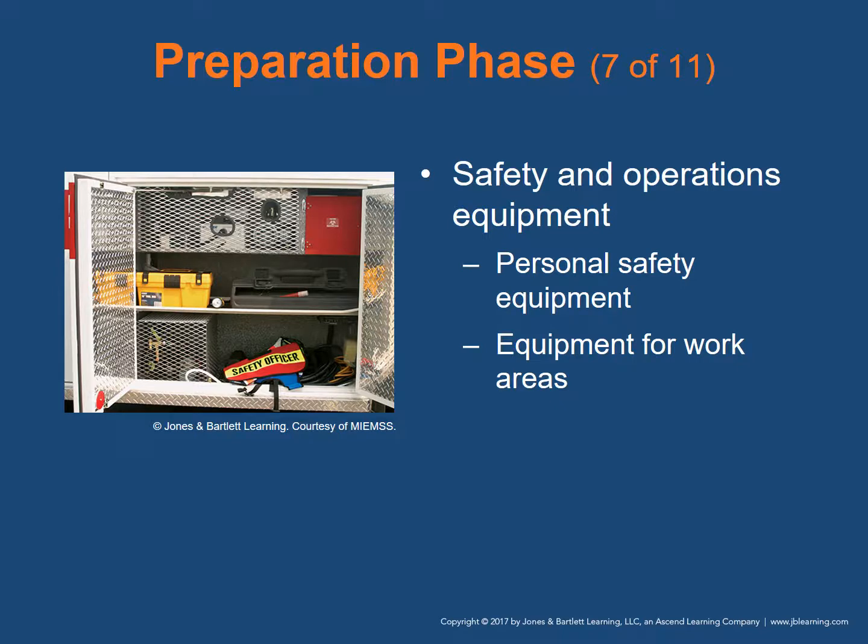Safety and operations equipment, we might have personal safety equipment for firefighters. Usually they'll carry stuff like road flares and traffic signs, warning signs. But on every emergency vehicle, we are required to have those reflective safety vests.